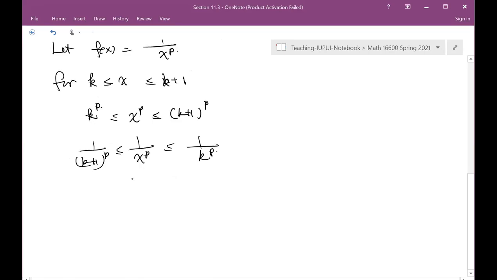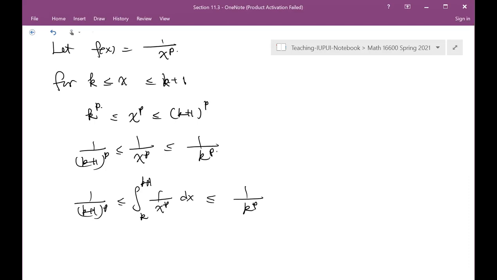So I can integrate, putting the integral from k to k plus 1 of dx, because there's an upper bound here. Actually you still have this inequality. You know why? Because the size of the interval is 1. If the function has an upper bound, then the upper bound times the difference of k plus 1 and k, which is 1, gives you this.